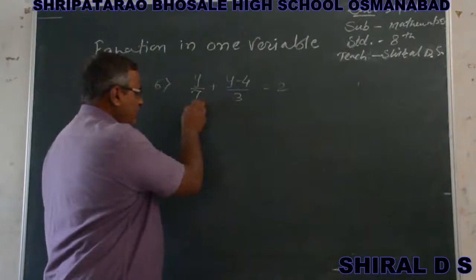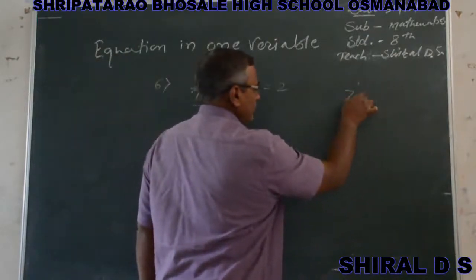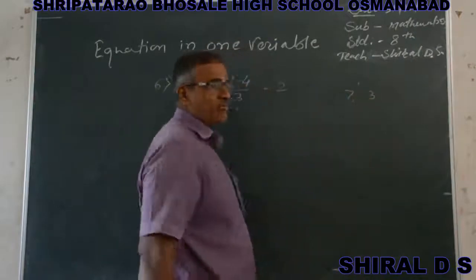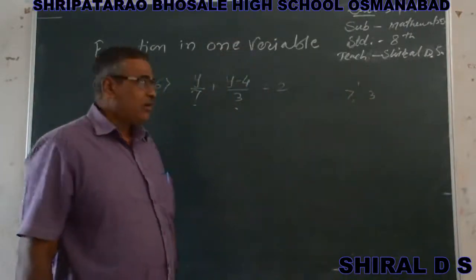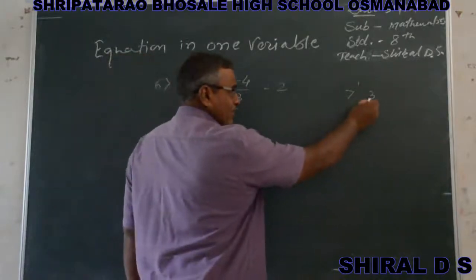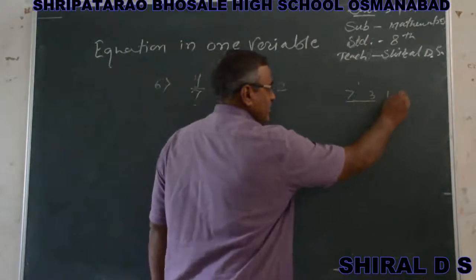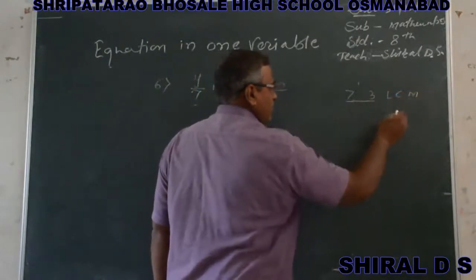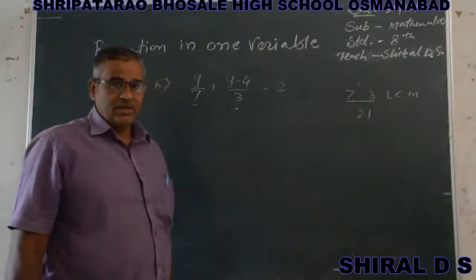We know that here 7 and 3, these two numbers, are prime numbers. Therefore, the LCM of the given two numbers is 21.